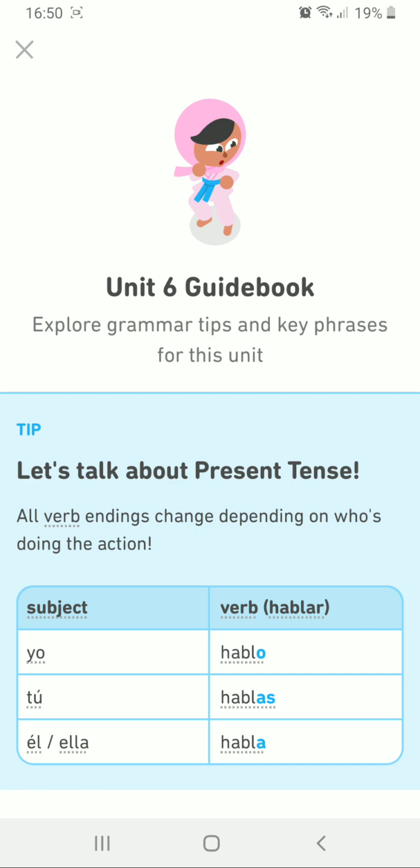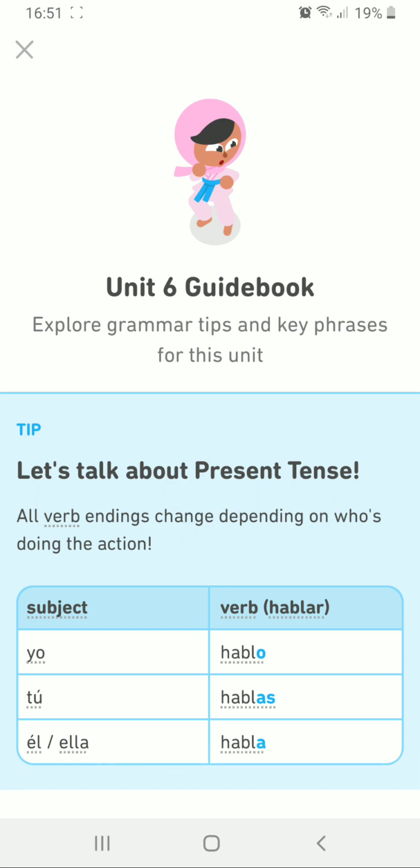Explore grammar tips and key phrases for this unit. Let's talk about present tense. All verbs endings change depending on who is doing the action. So we know that this is called conjugation. So we have the verb hablar. Hablar, we know, yo hablo inglés, tú hablas español, portugués, ella habla portugués, and so on and so on.